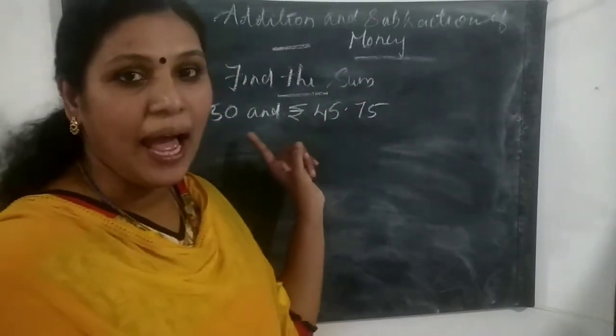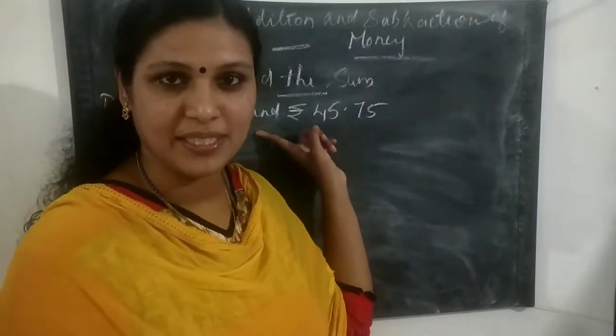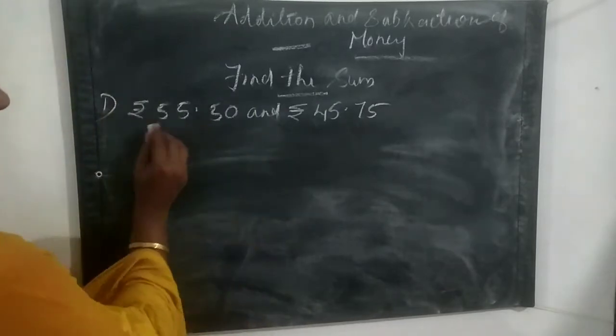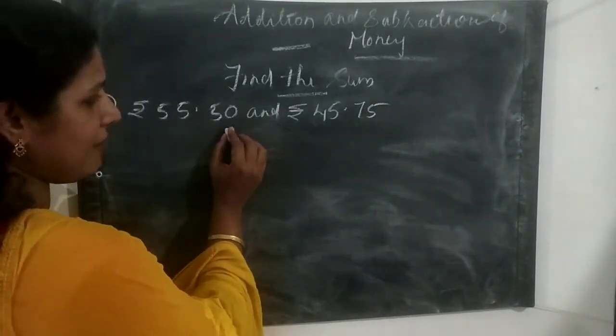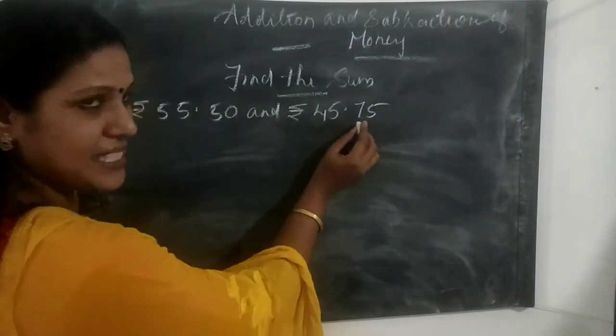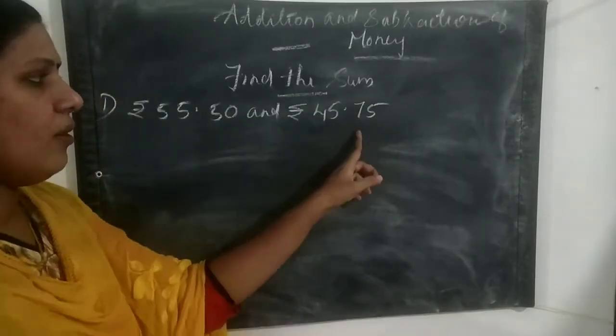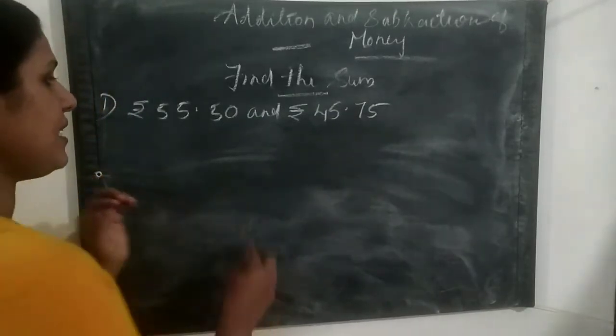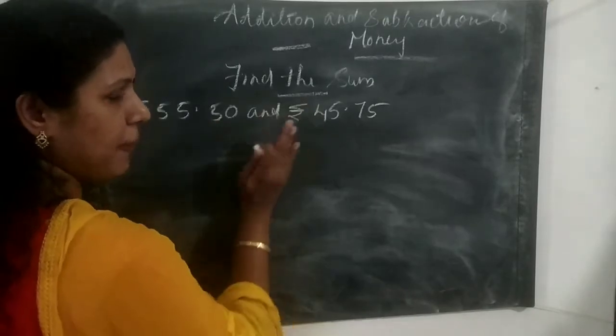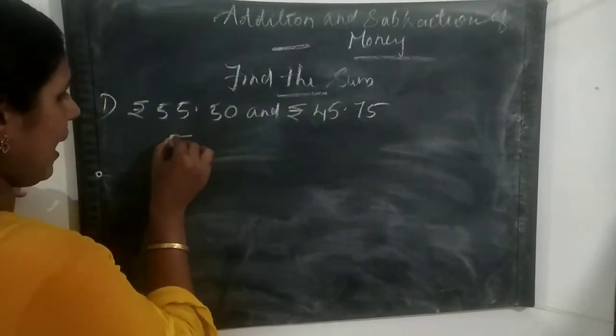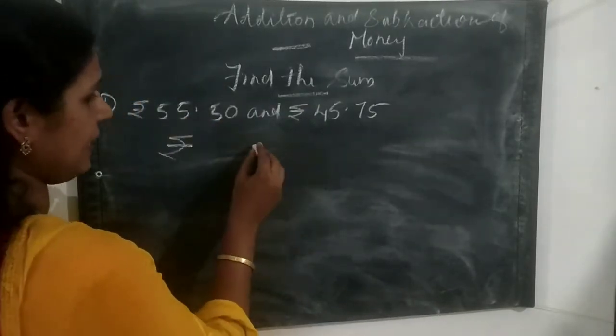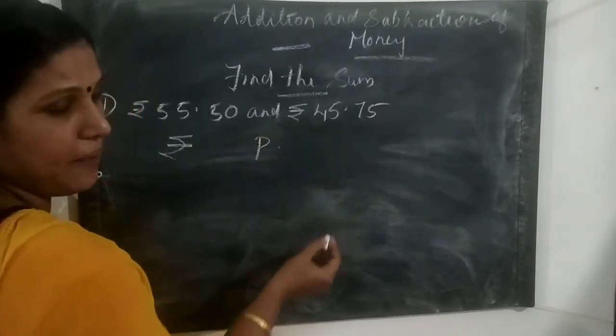Here it is sum, so we have to add the given numbers. Here rupees 55.50 and rupees 45.75. Here we write rupees under the rupees column and paisa under the paisa column. So we have to separate these rupees and paisa.